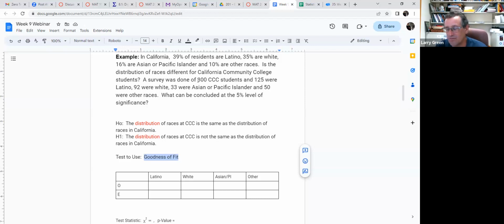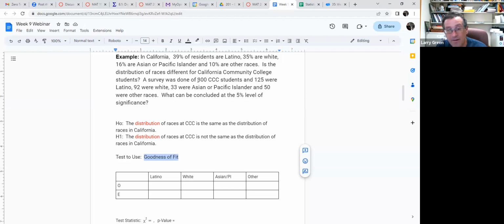Or is it just really different? Any questions on that? So that's why we call it a goodness of fit test. And that is when you have a known distribution and an unknown distribution, and we want to say, is the known distribution the same as the unknown distribution? Any questions on that?